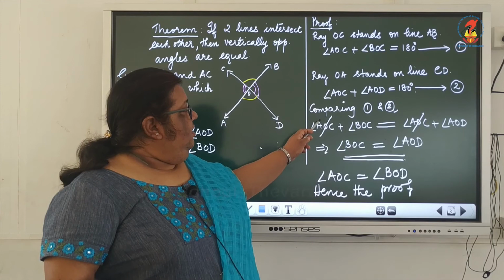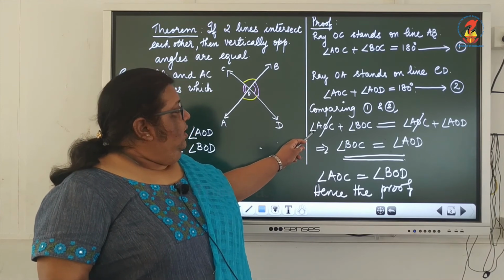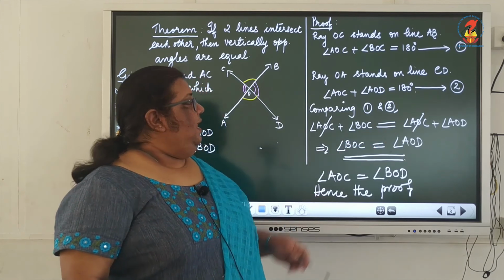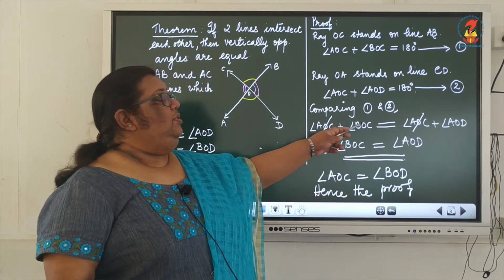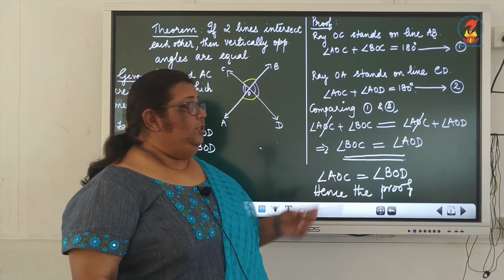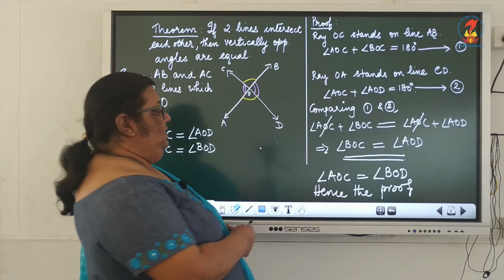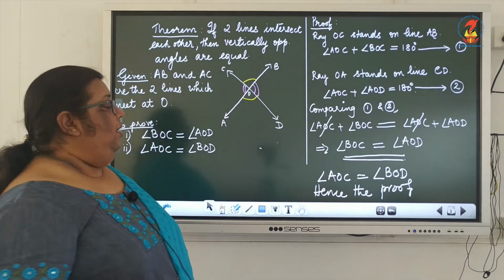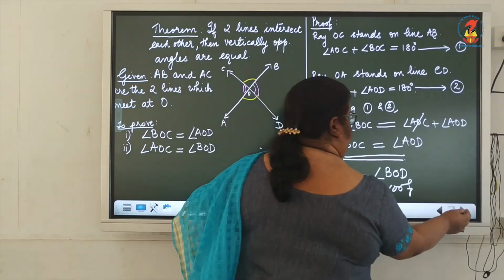So comparing equation 1 and 2, angle AOC plus angle BOC is equal to angle AOC plus angle AOD. Angle AOC gets cancelled. Angle BOC is equal to angle AOD. Similarly, you can prove the other vertically opposite angle also, hence the proof.